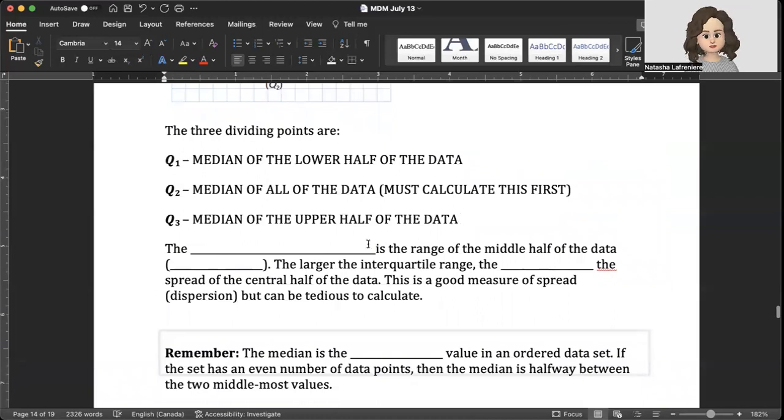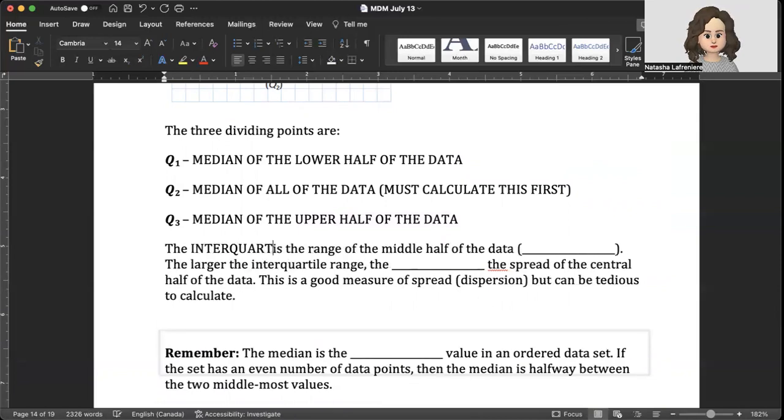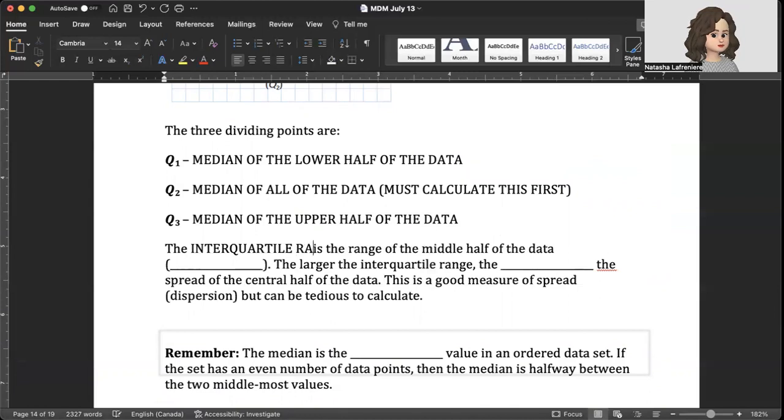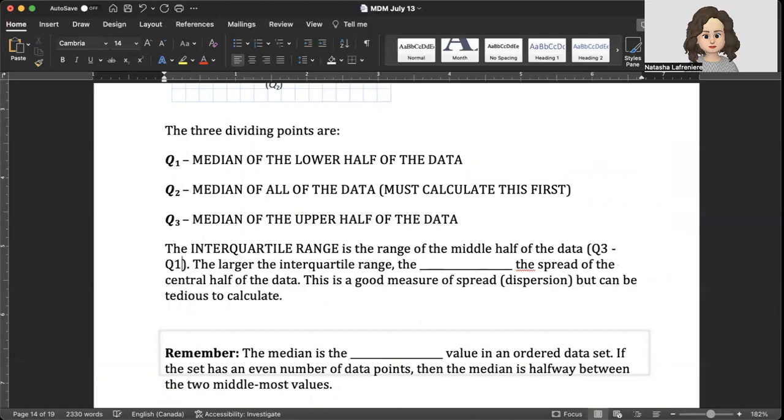So the interquartile range is the range in the middle half of the data. So Q3 minus Q1.